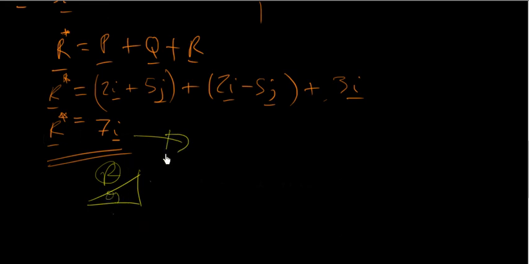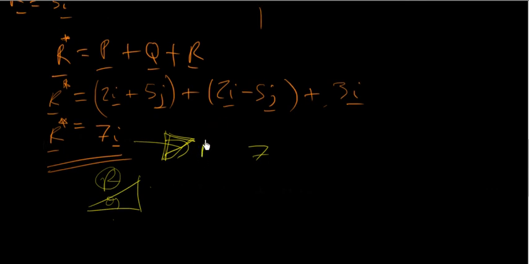But here it's really easy. We don't even have to do that, because the magnitude of 7i is literally 7. That's the magnitude. So the magnitude of r star, that's a vector, is equal to 7, and the angle to the OX, well, if it's like that and we're measuring the angle with respect to this, then the angle is 0.